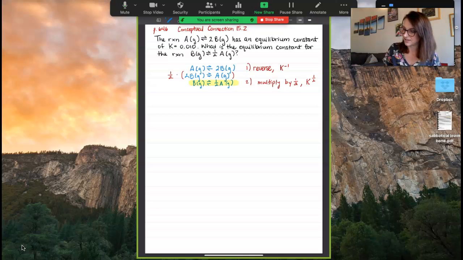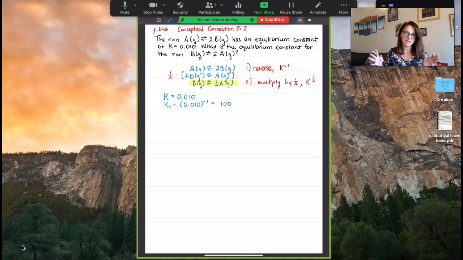So first things first, let me just label, we already labeled them 1 and 2. And so the original K was equal to 0.010. And then after the first manipulation of reversing it, I'm going to raise this to the -1, or take the inverse of it, which is 100.